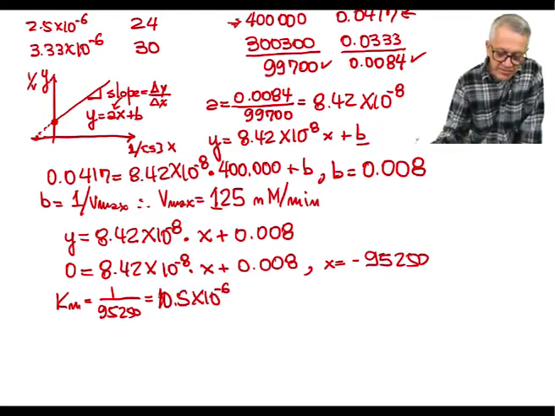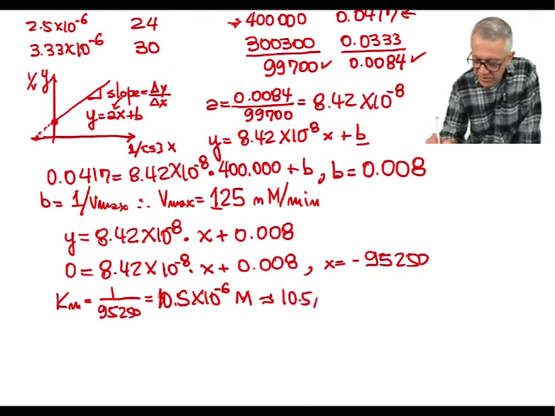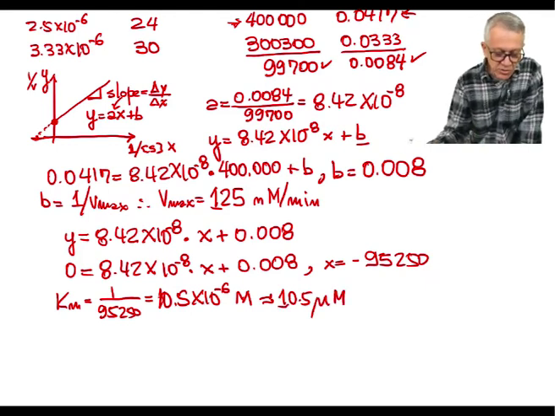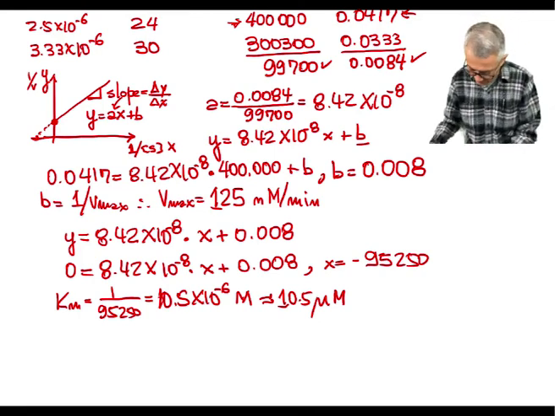This obviously is an approximation, and the concentration we are working with here was in molar, so this would be in molar. We could say that approximately 10.5 micromolar, right? 10 to minus 6 molar. That would be the concentration, right? So that would be the solution for the first part of the problem.